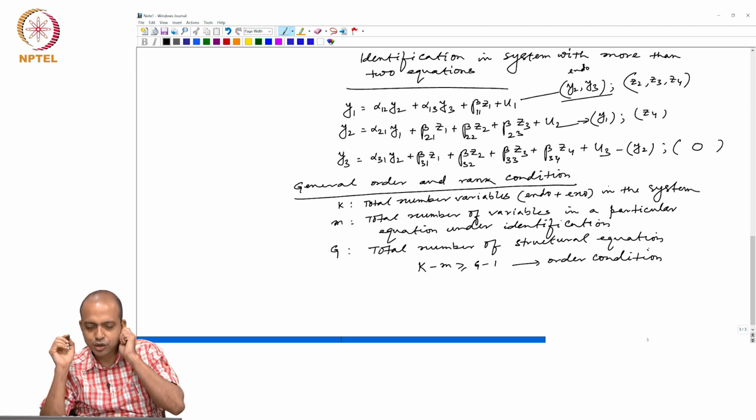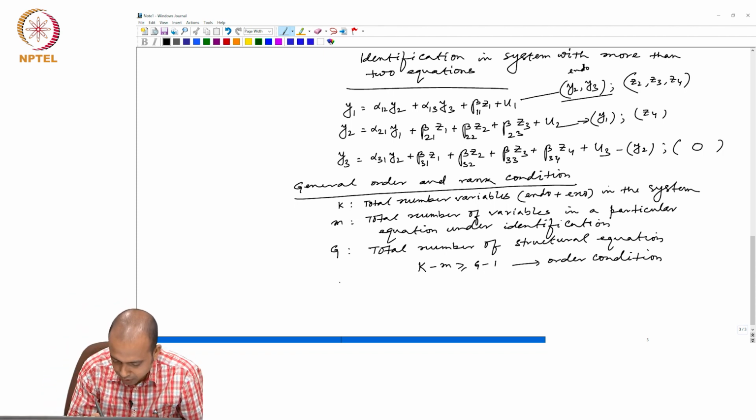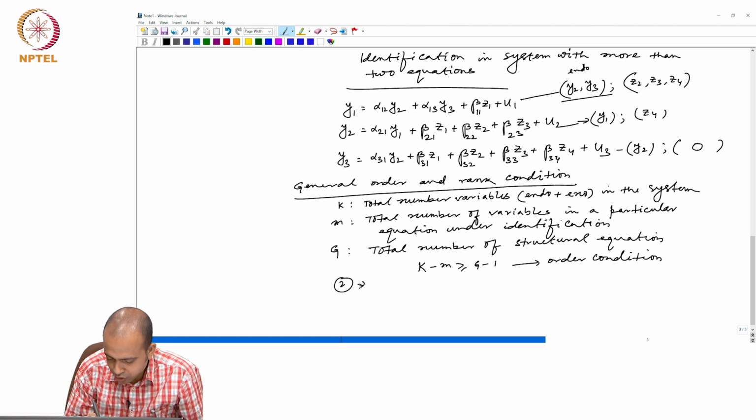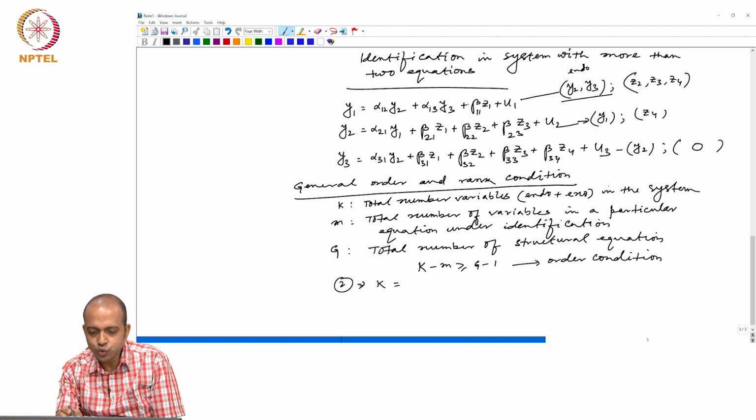Now, what is the meaning of this? Let us say we are talking about equation 2. Let us think about equation 2. For equation 2, K is the total number of variables in the system itself. So, we have y1, y2, y3, these 3 endogenous variables, and z1, z2, z3, z4, 4 exogenous variables.